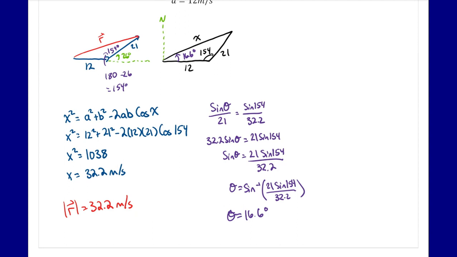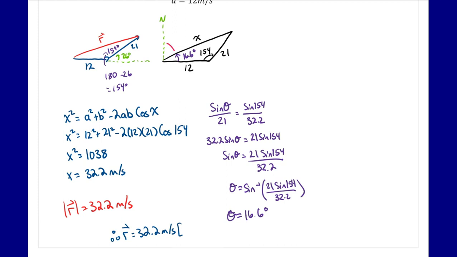So we could say that the magnitude, or that the vector r, therefore r is equal to 32.2 meters per second. We could say east 16.6 degrees north, but we do technically preferably want it to be north so many degrees east.